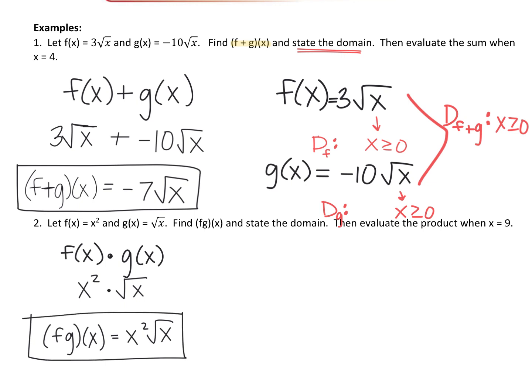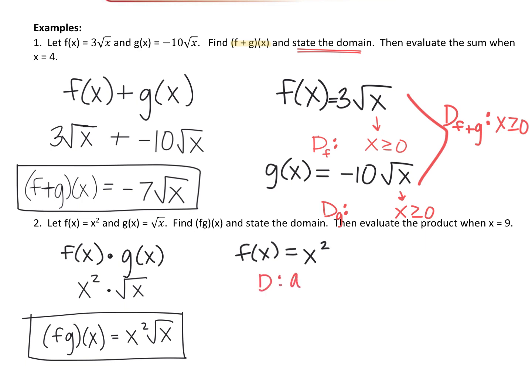Okay, and then state the domain. This one is where it gets a little interesting. So the domain of f of x, which is your x squared, what kind of function is this? This is one we've done all year. Quadratic. So it's a parabola. It goes forever to the left, forever to the right. What's the domain on a parabola if it goes forever both ways?